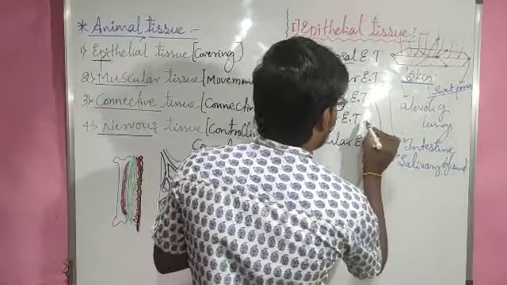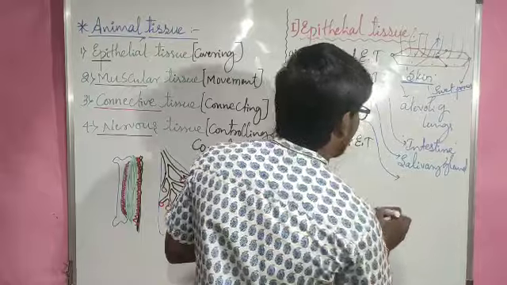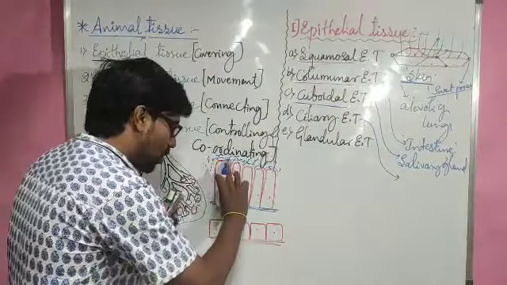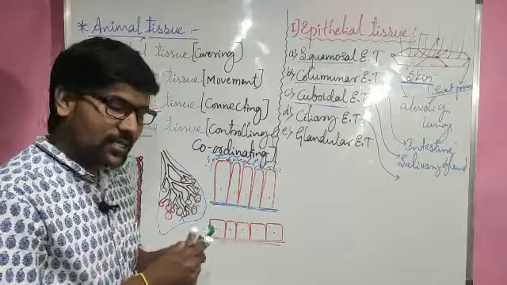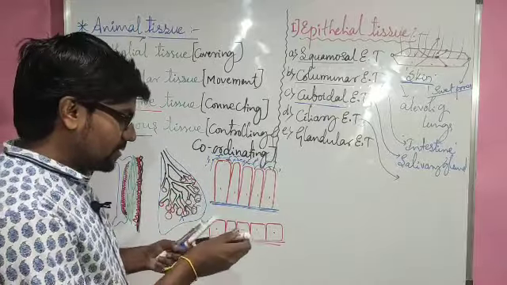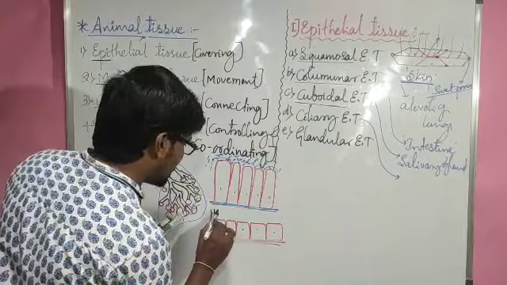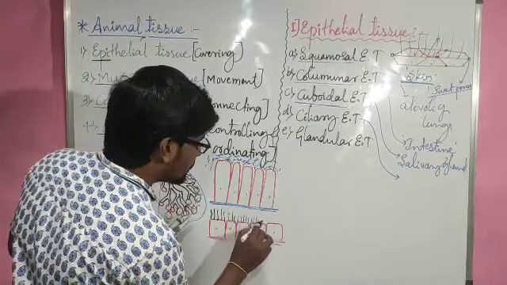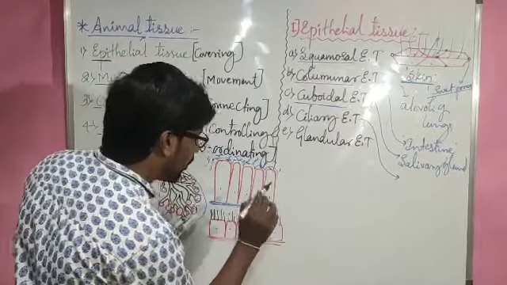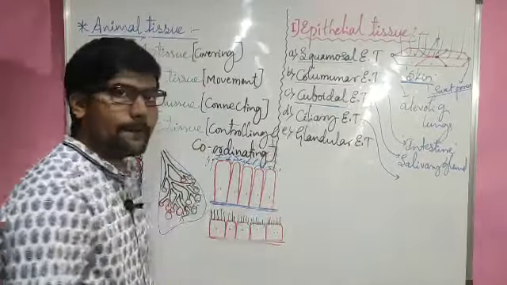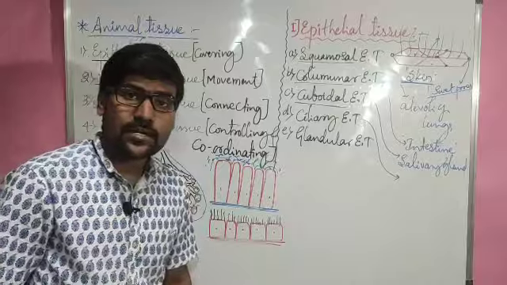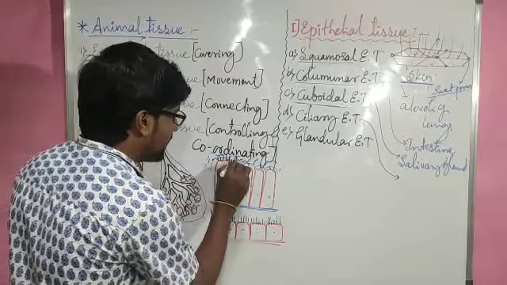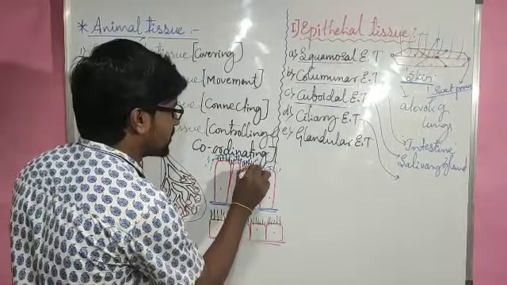And in the same way, if we consider the next one, ciliated epithelial tissue. Ciliated epithelial tissue means the same columnar or cuboidal cells, but they have some special structures on the outer side, small hairy structures. We will call these small hairy structures cilia. Yes, just like in paramecium. Here also they have small hair-like structures.